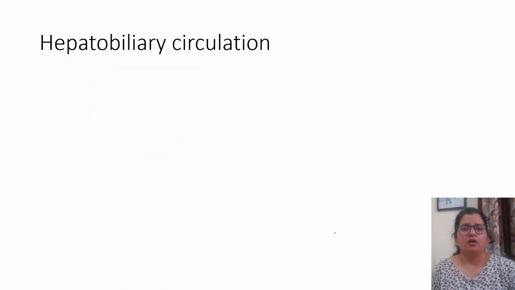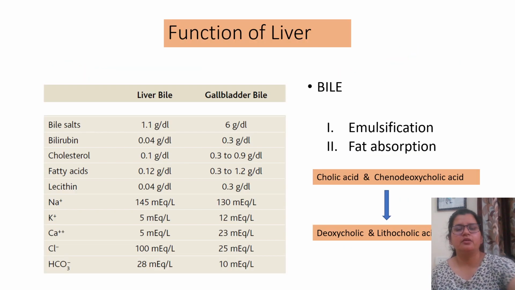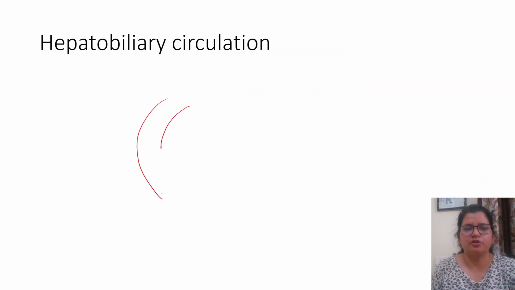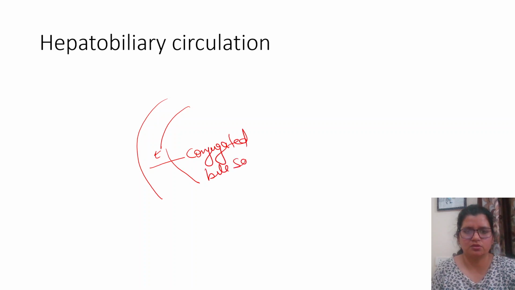So what is enterohepatic circulation? We should have a simple look. In the duodenum, bile is released. Now what is this bile? This is conjugated bile salts.